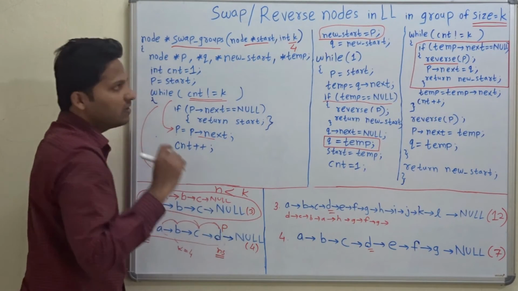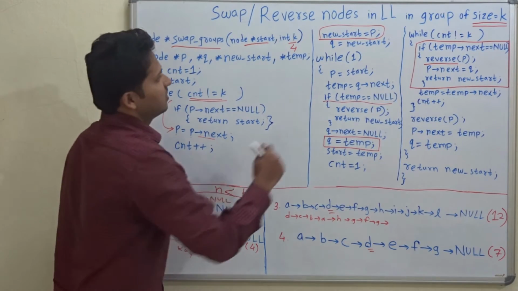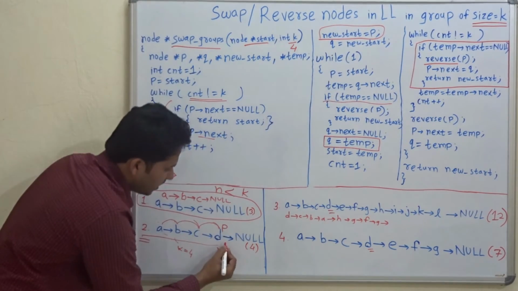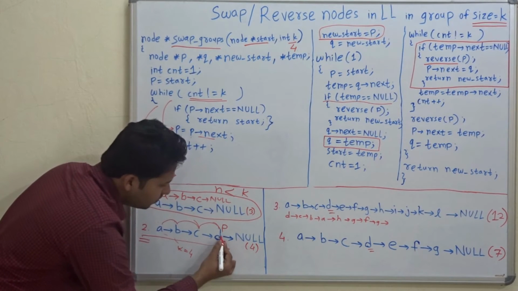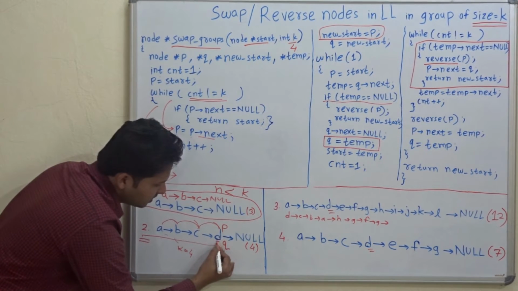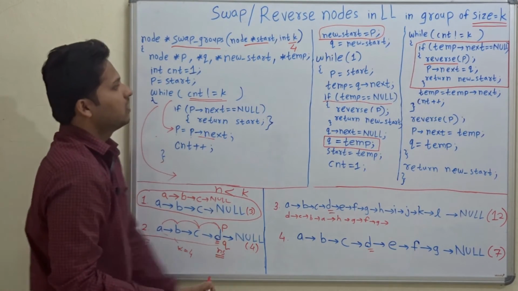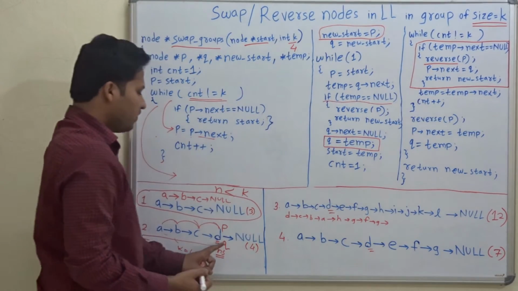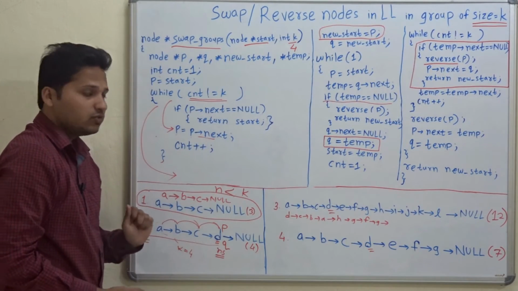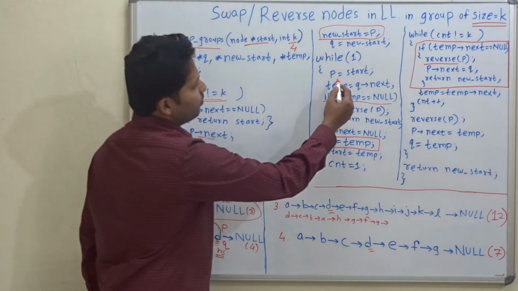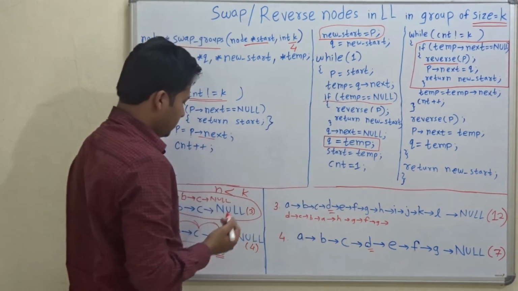So D is our new start in the new linked list, and Q is equal to new start. So Q will also point to P, this node D. Now in the while loop you will further understand why this Q is used. Then P is equal to start.